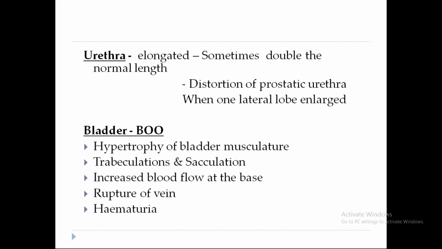So bladder outlet obstruction: when the prostate is more enlarged, it leads to bladder outlet obstruction. I showed you in the previous slide. Hypertrophy of the bladder musculature will be present. Trabeculations and saculations will be present. Increased blood flow at the base will be present. Rupture of the veins leads to hematuria.